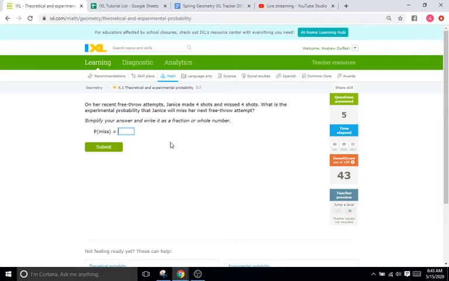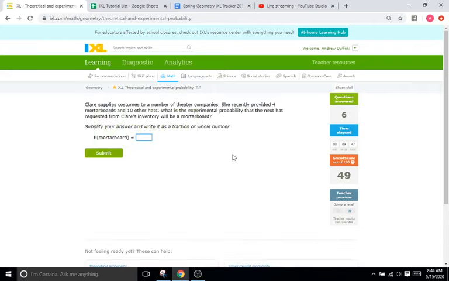That's going to be 8, right? But we want to know what the probability is of her missing the free throw. So she missed 4 shots out of the total, 4 plus 4 is 8. She tried to make 8 total. She only got 4. She missed 4. So the chance is 4 out of 8. And that, of course, simplifies down to 1/2.